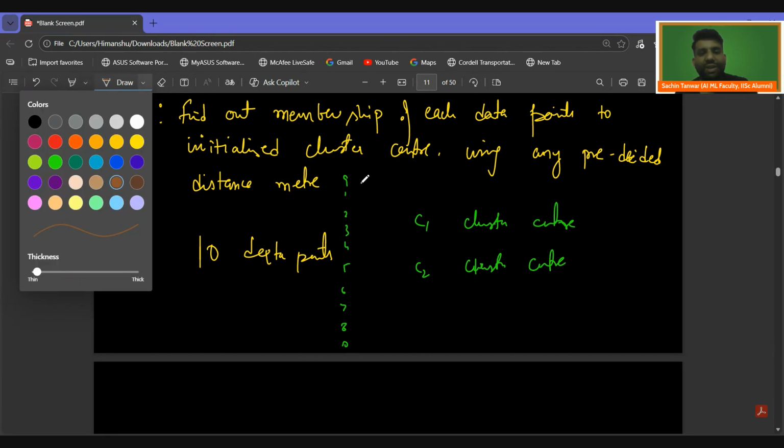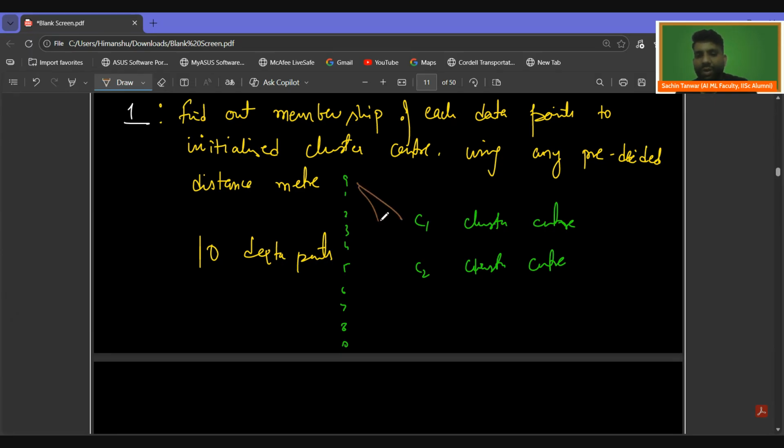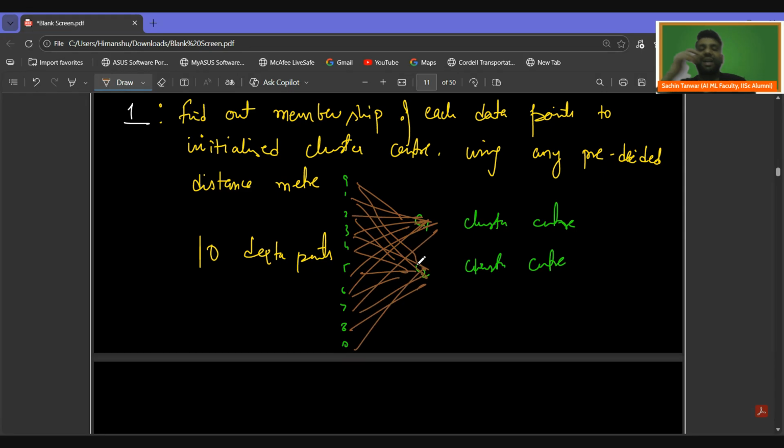That means the distance of the 9th point to C1, 9th point to C2, 1 to C1, 1 to C2, 2 to C1, 2 to C2, and so on. For each point, whichever distance is lesser, I pick that cluster as its cluster. For example, 9 would belong to either C1 or C2, depending upon the distance from the cluster center. Similarly 1 would belong to cluster 1 or cluster 2, depending upon which distance is lesser.